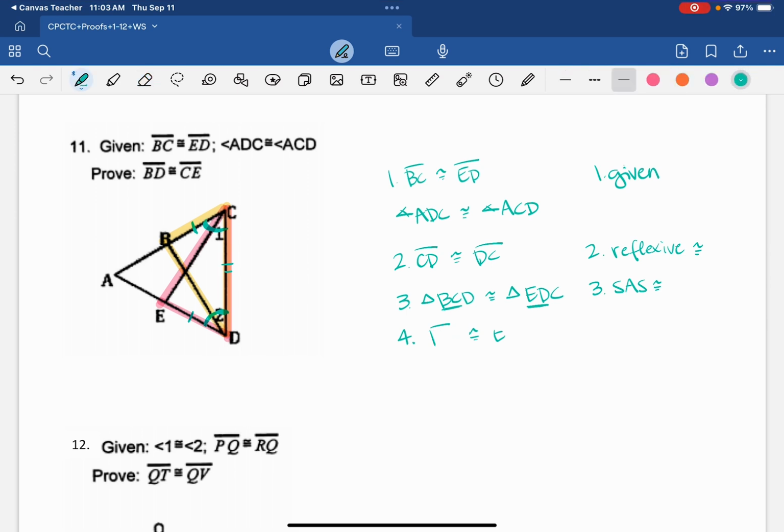BD and CE are congruent, and that's our CPCTC. I highlighted the wrong ones there, but they are in the same spot. So if we look at BD, that's here, and there's my EC. They are corresponding, and if the triangles are congruent, then those two legs will also be congruent as well.